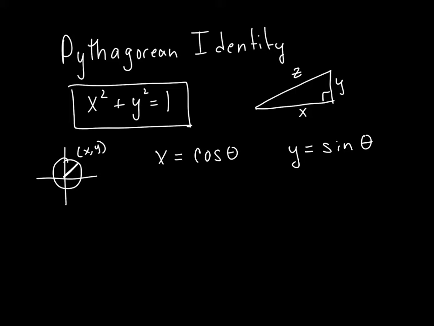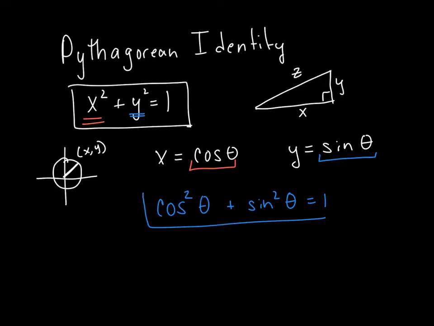So wherever I have x, I put the cosine, and wherever I have y, I put the sine. So that gives us the cosine squared of theta plus the sine squared of theta is equal to 1. And that's our main and our first Pythagorean identity.